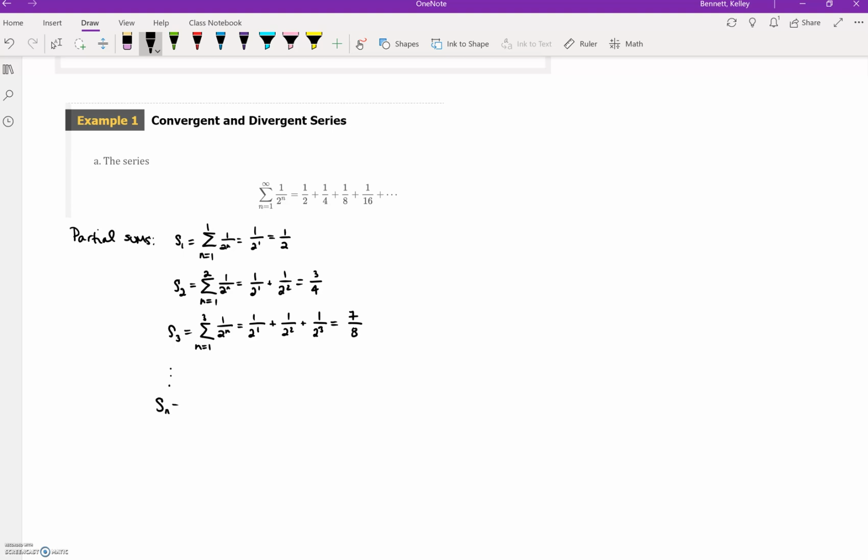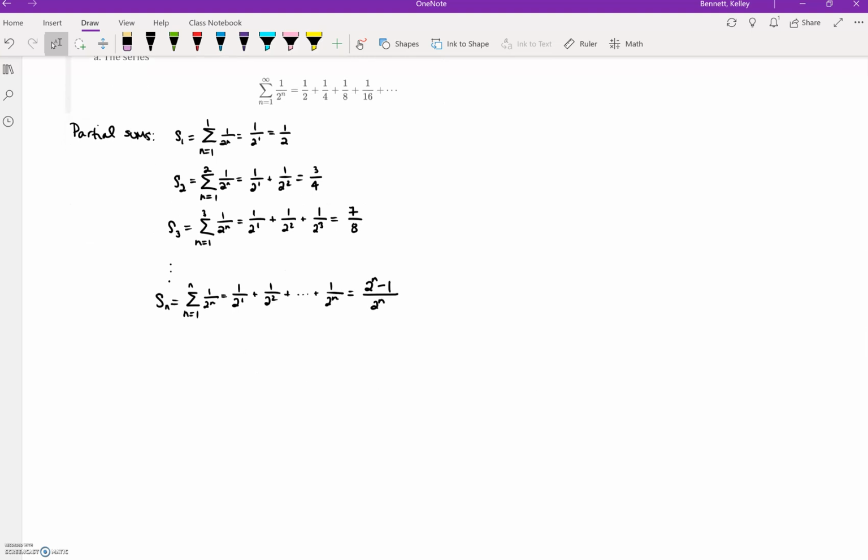So really you get that s sub n, which is your generalized partial sum, which is 1 over 2 to the first plus 1 over 2 squared plus ... plus 1 over 2 to the n, is going to be 2 to the n on the bottom, in as much as s sub 3 had 2 cubed on the bottom, s sub 2 had 2 squared on the bottom, and then we just subtract 1 to get our numerator here.